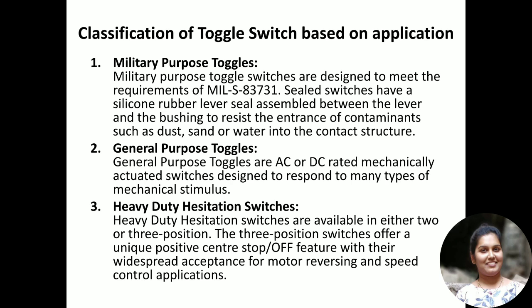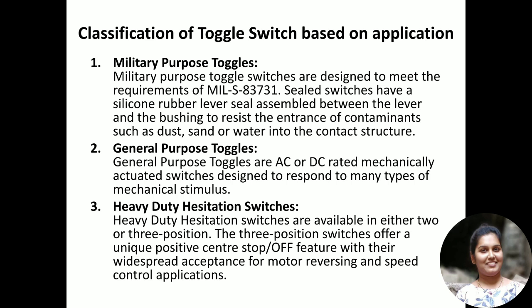These kind of toggle switches can be used. As this switch has a sturdy construction, it is able to operate in any kind of environment and in any kind of appliances.